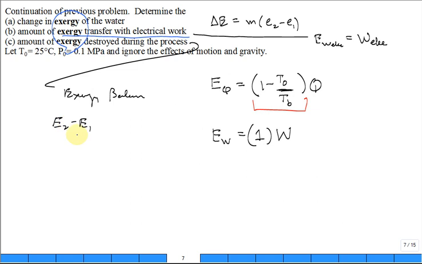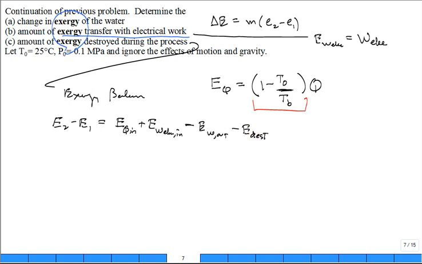So the change in exergy can go up if I have an exergy transfer with the heat coming in, can go up with the exergy transfer with the electric work in, can go down if I had, whoops, let me erase some of this, can go down if I have a work out, and it will go down if I have any destruction.